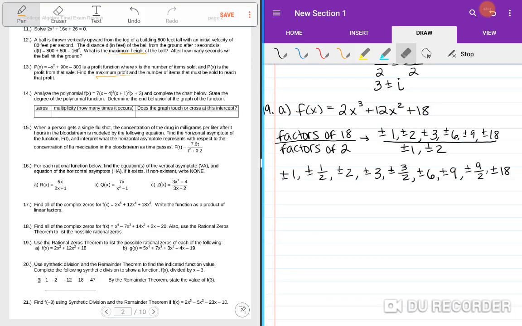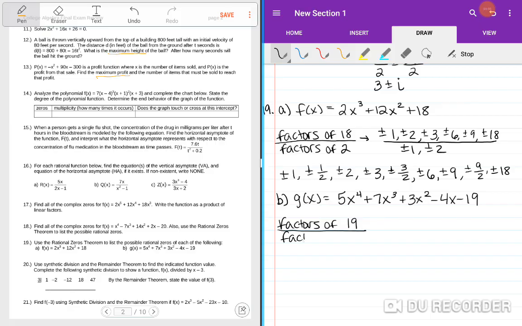For part B, g of x equals 5x to the 4th plus 7x cubed plus 3x squared minus 4x minus 19. Okay, so the factors of my constant, factors of 19, divided by the factors of my leading coefficient, factors of 5.